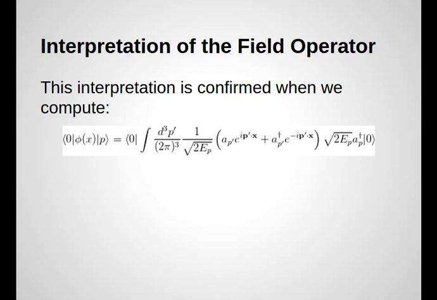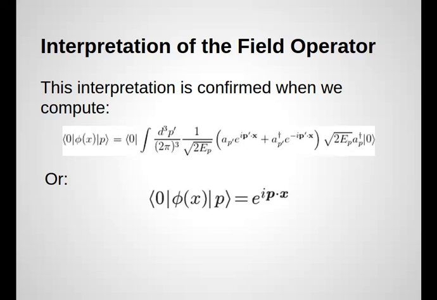So I have my A's and A daggers in there, okay? I can cancel those factors of the energy, and I can do some algebra with the A's and A daggers. I can already see that this A dagger inside the parentheses, when it goes to the left, is going to hit the vacuum state and give you 0, okay? So the only part that's going to contribute from that middle parentheses term is the first term, the A. So it's going to create a particle with p prime when it acts to the left, right?